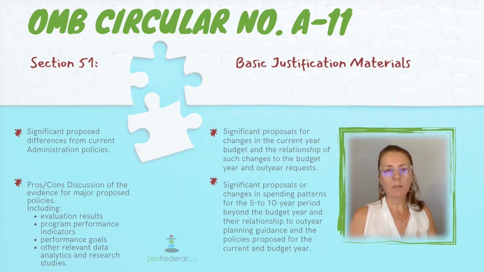So within the OMB Circular A-11, Sections 51 and 55 are highly applicable. And Section 51 has been, for the last several years, the basic justification materials section. So each administration emphasizes or de-emphasizes this based on what their priorities are.